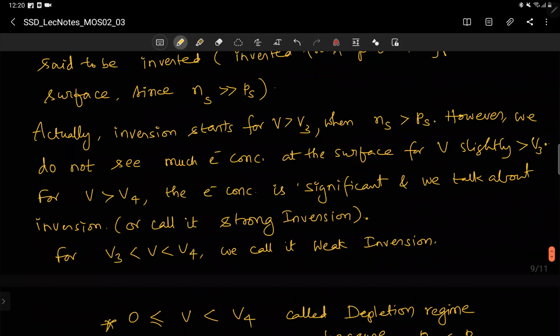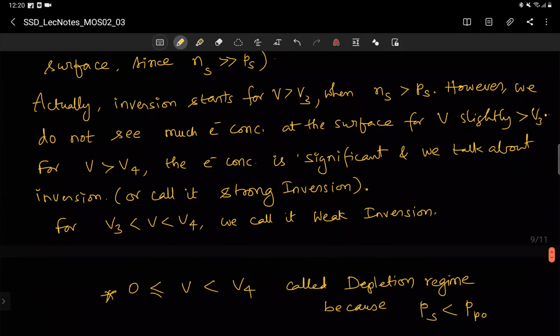To have better words, for V greater than V4, the electron concentration is significant, and we call it strong inversion because we don't want to confuse people by saying inversion means only V greater than V4. Even for V greater than V3, there is inversion.